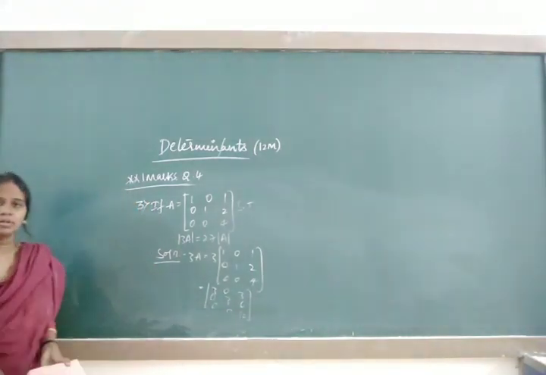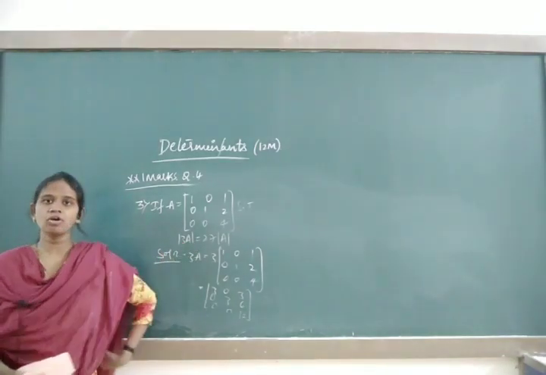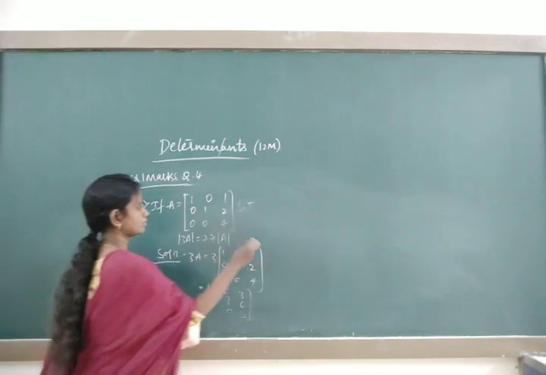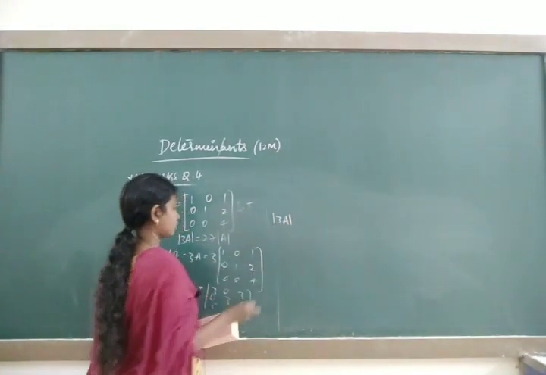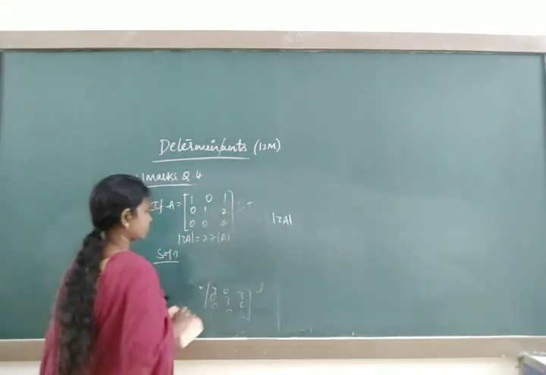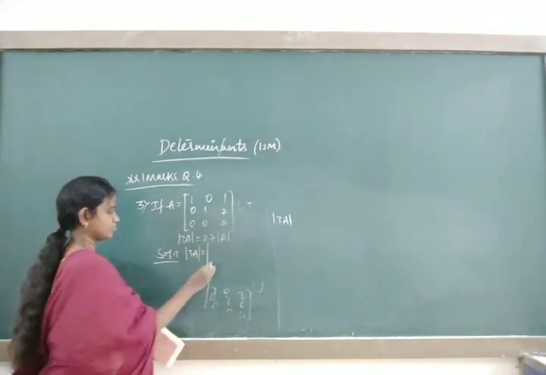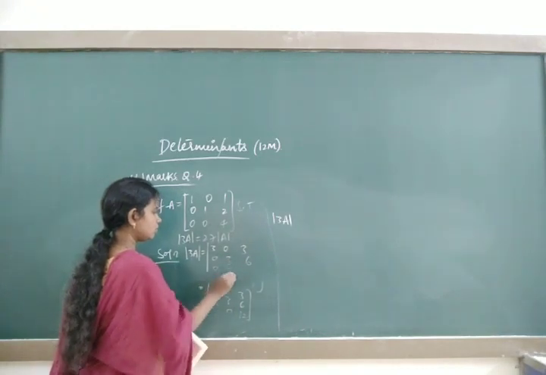So this is your matrix after multiplying with 3, but our LHS was mod 3A, or determinant 3A. So I will write here itself: determinant 3A is equal to 3 0 3, 0 3 6, 0 0 12.